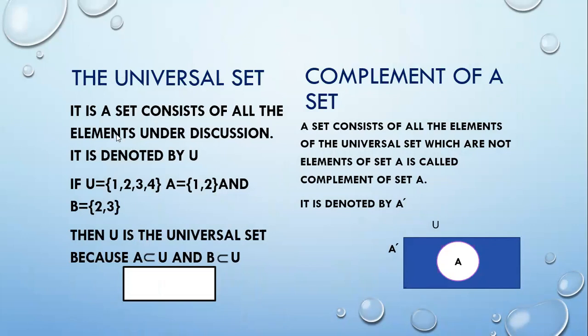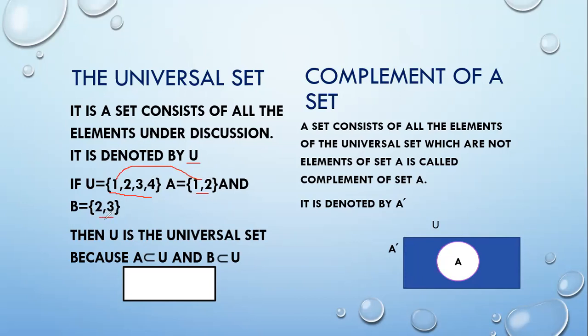But now, the universal set. It is a set consisting of all the elements under discussion. It is denoted by capital U. That means, for example, if set U contains 1, 2, 3, 4, and A is a set containing 1, 2, that means A is a subset of the universal set. And what about B? B contains 2, 3.